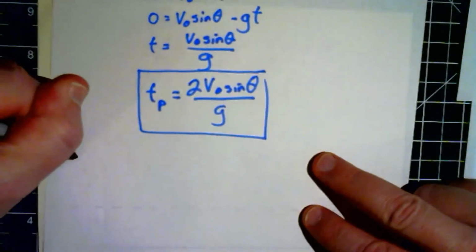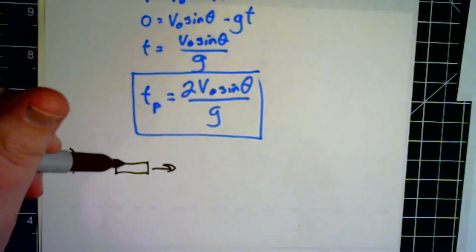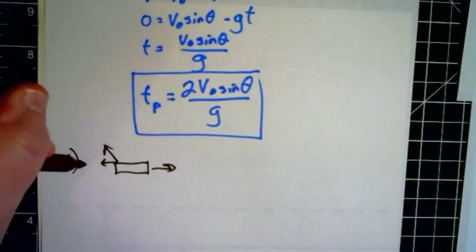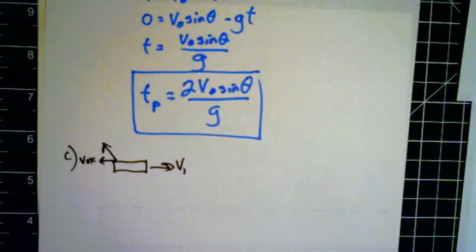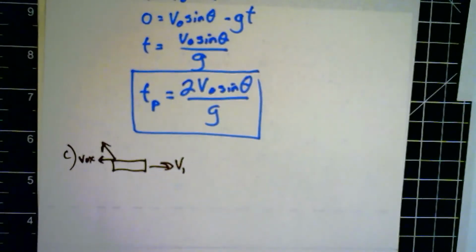projectile. So the way I said it is that the rightward velocity as this cart moves to the right essentially takes away from the leftward velocity, this v0x going to the left. So it's kind of like a relative motion problem where if you have a velocity v1x going to the right and a velocity v0x going to the left, the net overall velocity in the x direction will be less.